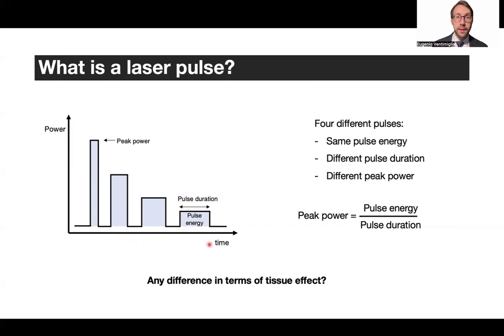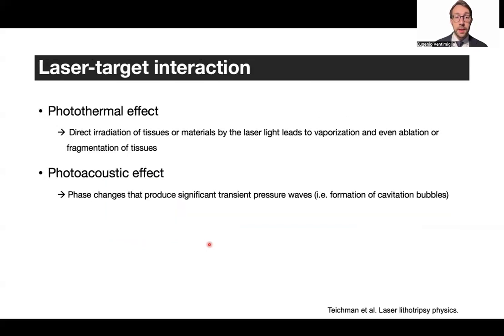And this has very important effects and differences in terms of the way that the light interacts with the tissue itself. This is very well explained by the two different effects a laser has in terms of emission and delivery to the tissue. The first one is the photothermal effect, which is the light hitting directly the tissue and determining an effect.